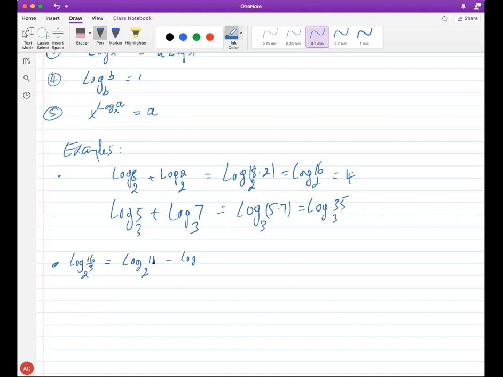If you have division, it turns into subtraction. Then you try to simplify what you can. Again, log base 2 of 16 is 4. 2 to the power what is 3? That's obviously a decimal power. So I'm just going to leave that like that.